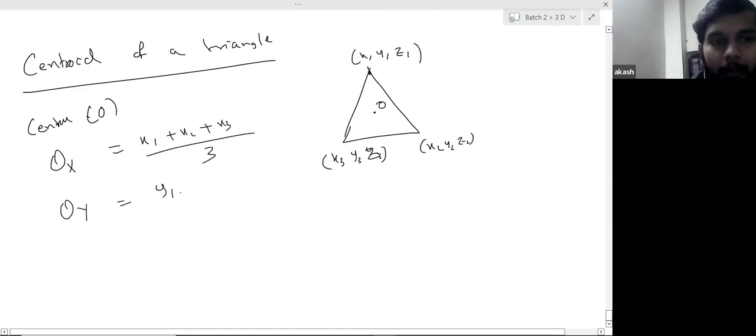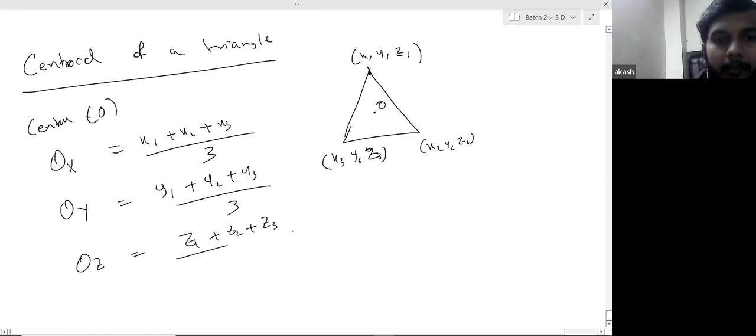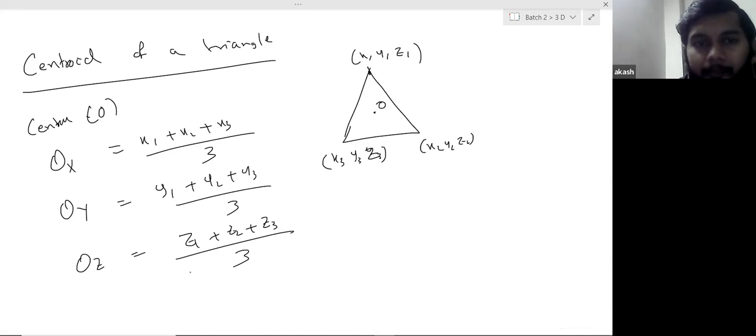OY will be y1 plus y2 plus y3 by 3. OZ will be z1 plus z2 plus z3 by 3. Right? Write it down. This is very simple formula.